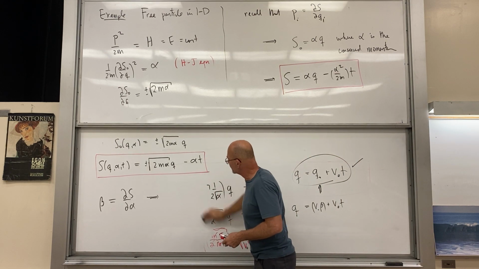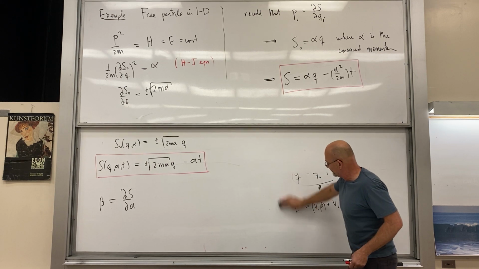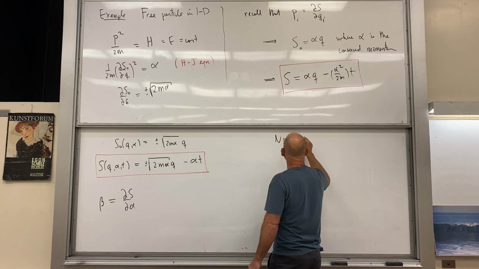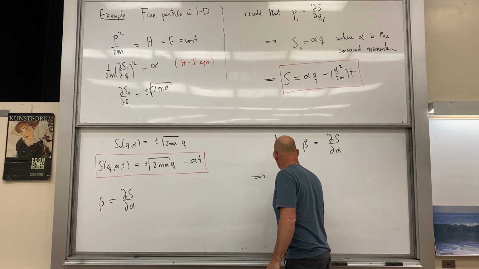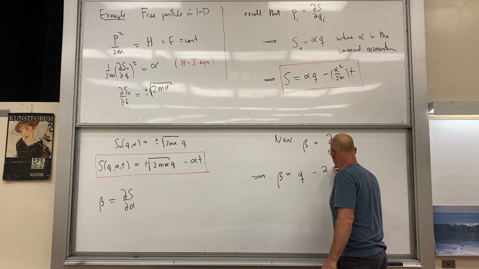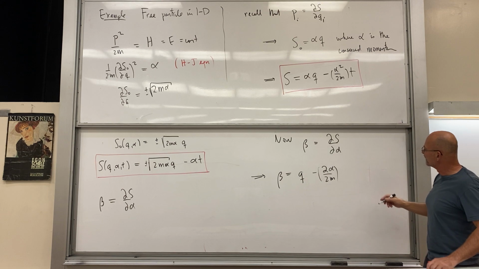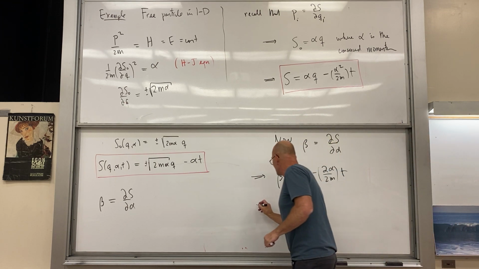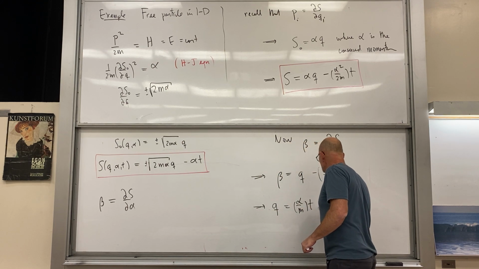Yeah, so just keep this right up here. Okay, so now beta equals dS/d alpha, which is q minus 2 alpha over 2m times t, and q is equal to alpha over m t plus beta.